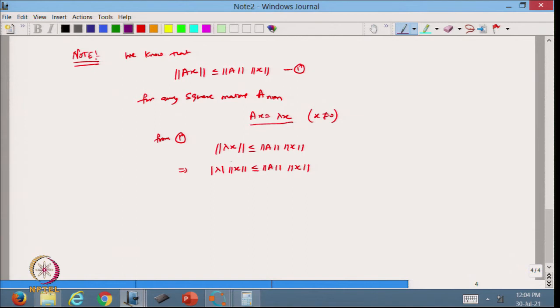So, I can cancel out this one, and I get this condition. So, it says that for a matrix A, if I take its eigenvalues and take the magnitude, then the magnitude of any of the eigenvalues is always less than or equal to the norm of that matrix. So, this gives the upper bound for the magnitude of the eigenvalues of a given matrix.